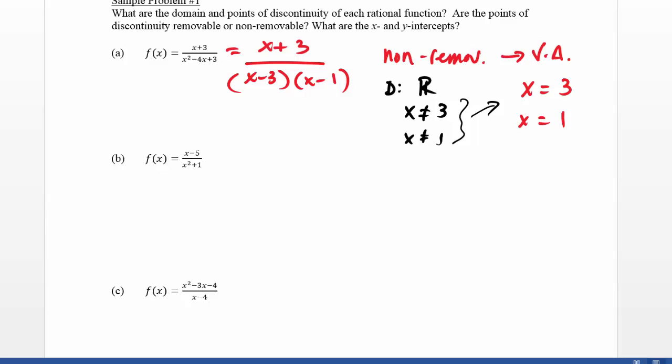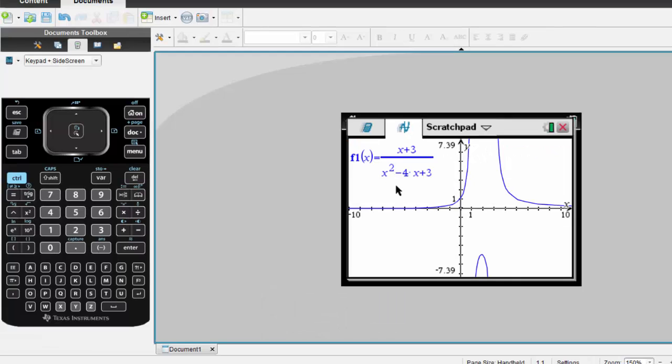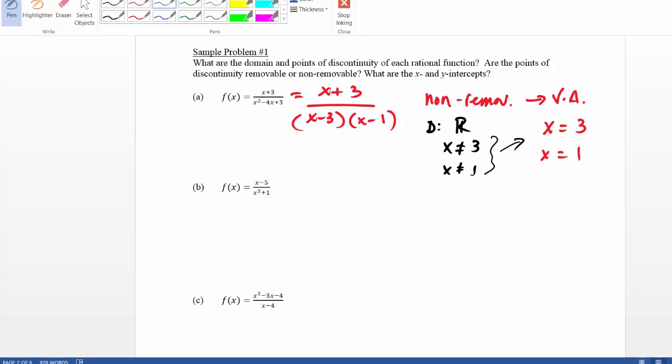And so if we did that, by looking at the graph, you can see that it looks as if it's never going to cross the x-axis, and it looks like it crosses the y-axis at 1. And if we plug that information into the given function, we would see that that would be true. And so our y-intercept is (0, 1), and there is no x-intercept.